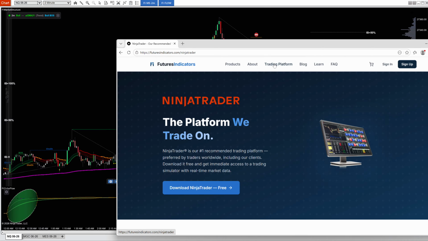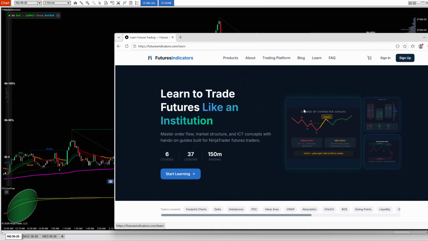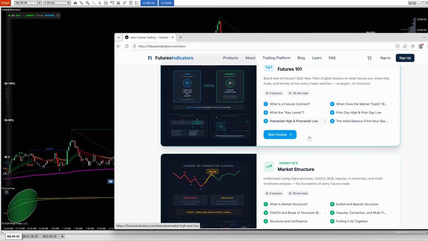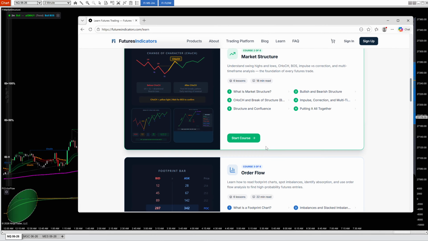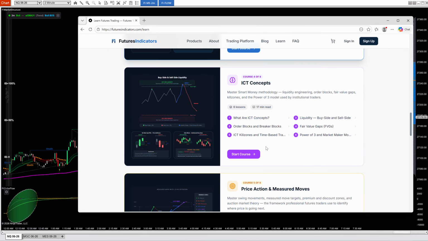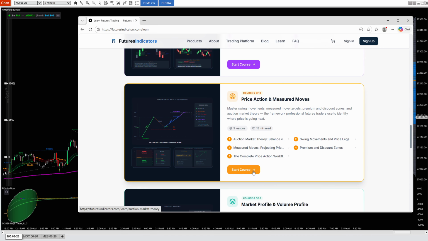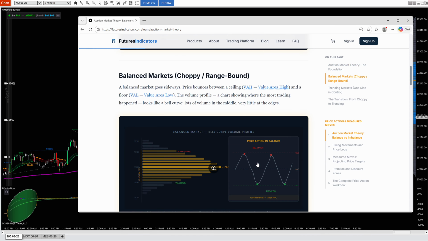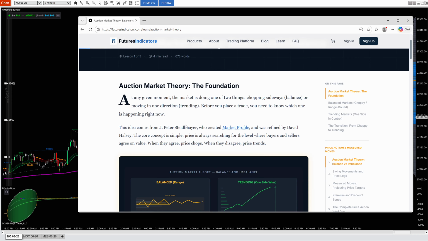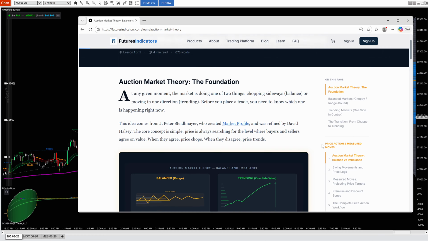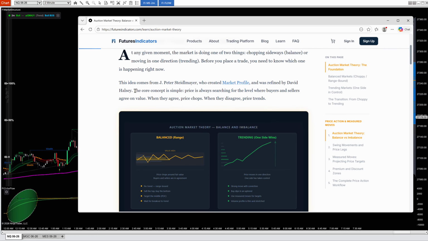And so what I want to bring up on our website is that we actually have a whole set of instructional courses here. And I want to go to the price action and measured moves. Here we go. So this is from Peter Steidelmeyer, who created the market profile. And he says, the core concept is simple.